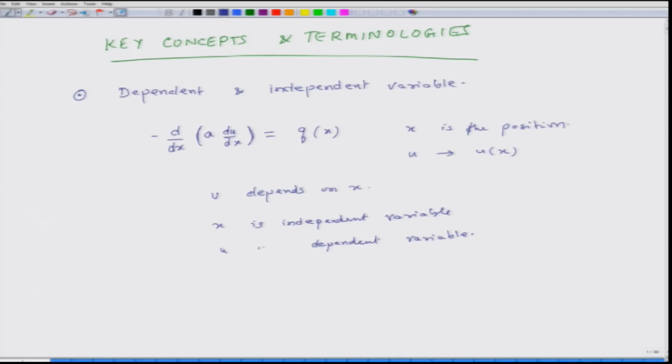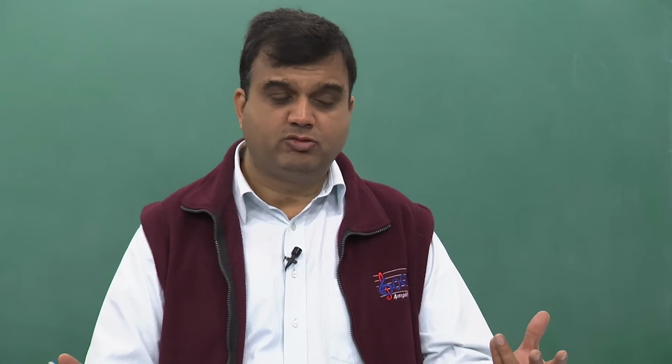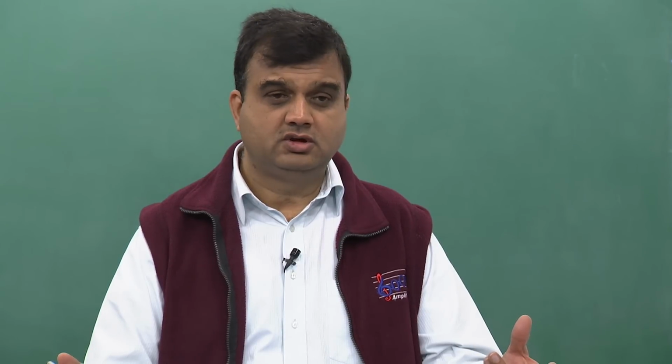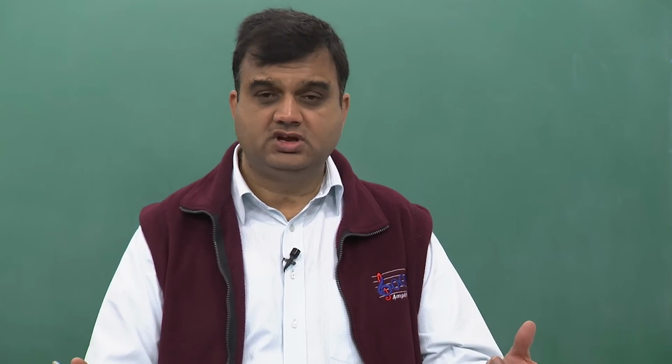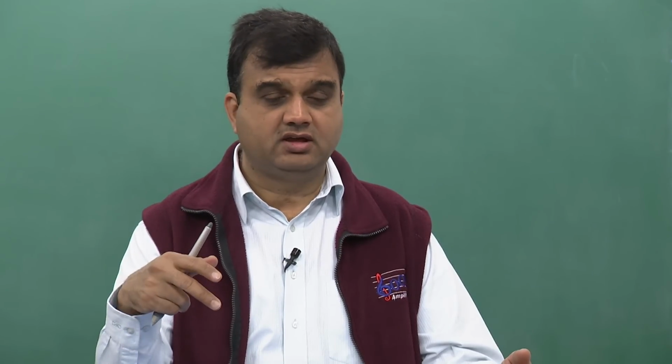For 2D problems, for instance, if I have a relation for temperature, temperature is dependent on two independent variables, x and y. If I have a plate which is subjected to some external forces, in that case there may be three displacements at any given point, u, v and w, and each of these, u, v and w, depend on two independent variables, x and y.